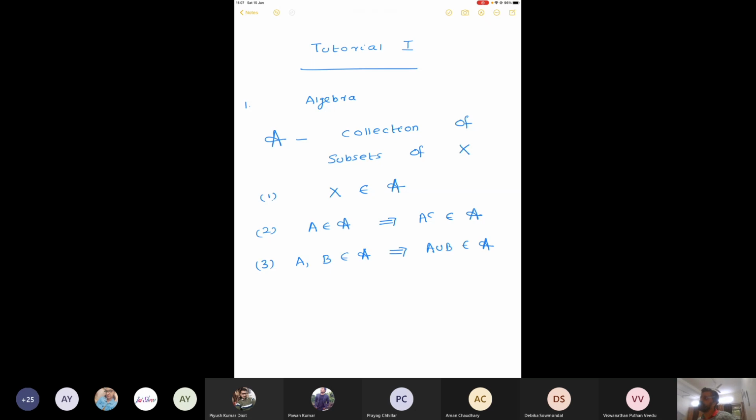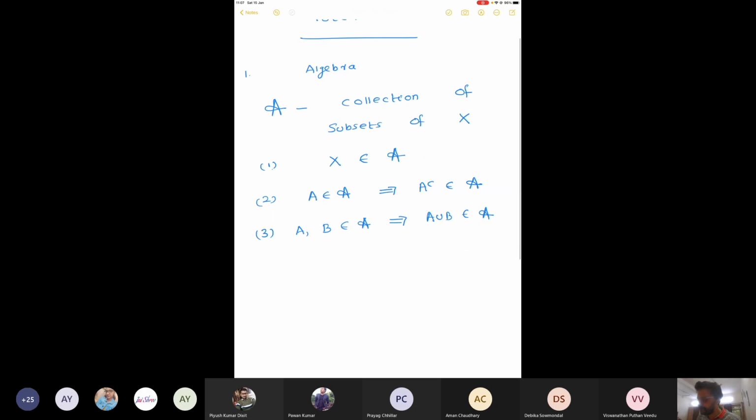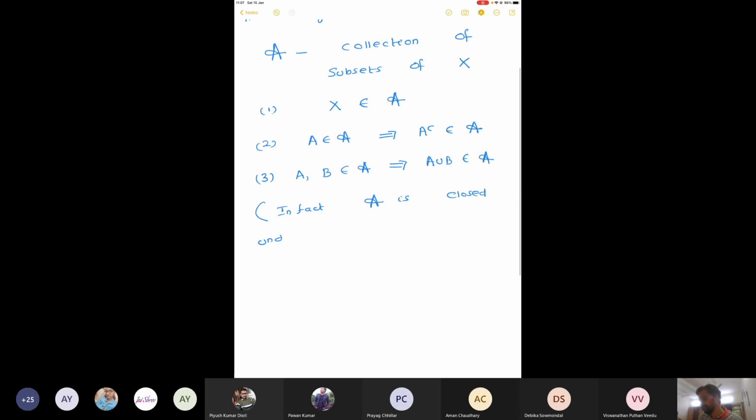Obviously, from third, you can prove that script A is closed under finite unions. That's obvious by induction, right? If A1, A2, A3 and so on, AN for a finite n are elements in A, then union Ai is also an element in A.